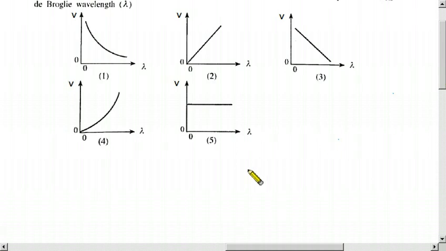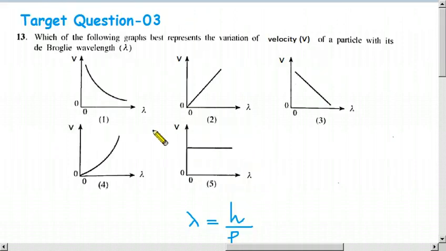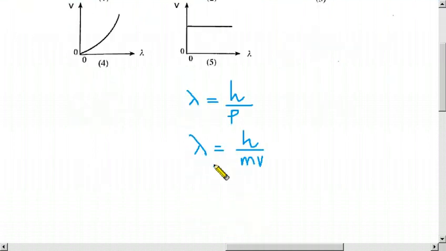They have taken v, so the basic equation is lambda equals h divided by p. Instead of p we can write mv, because we should have an m term, because they have taken v to the y-axis.